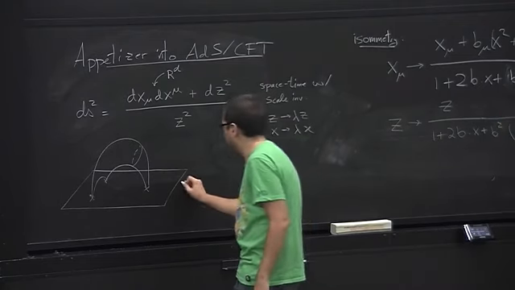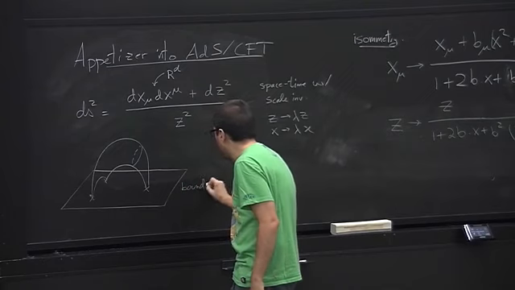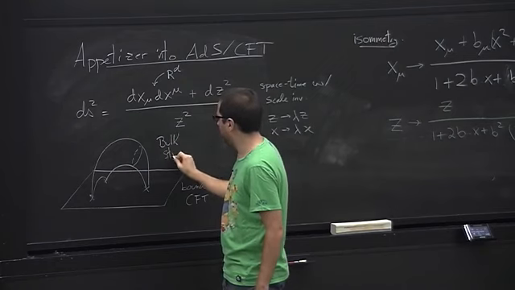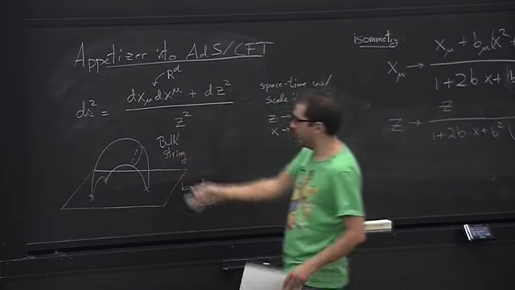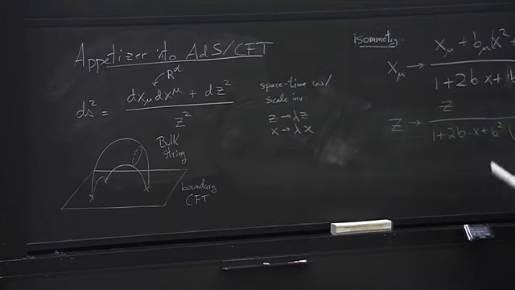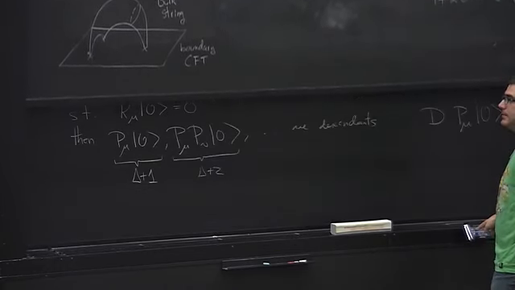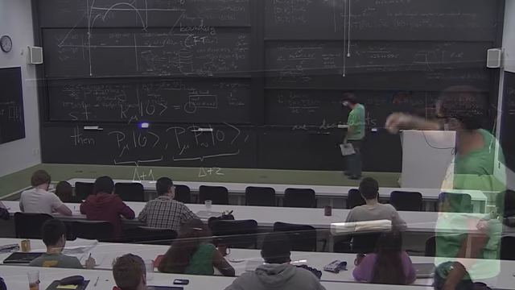So here we have what is called the boundary, which is where the CFT lives. And here we have the bulk, where string theory lives. And the statement that the two computations give the same result is the statement of ADS-CFT. And of course, I'm not proving it, I'm announcing it.